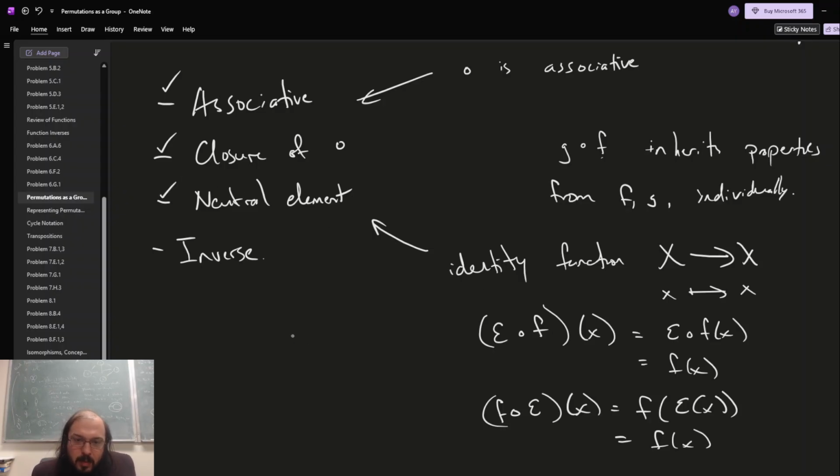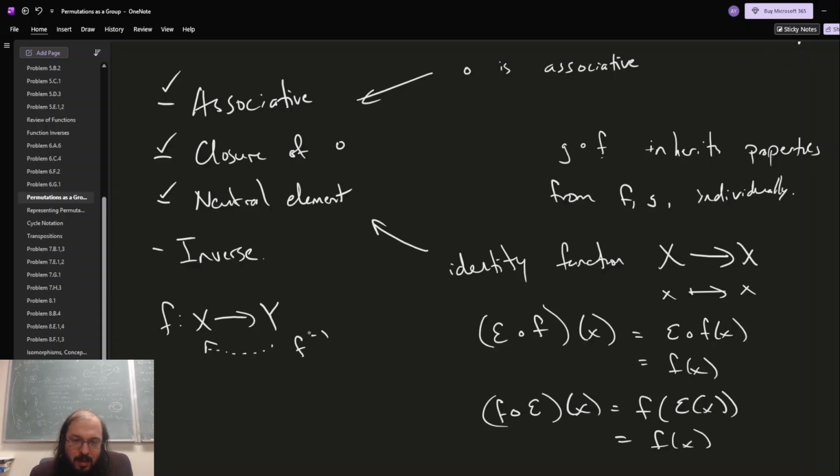So we're happy. The last part is the presence of inverses. And this boils down to a function being a bijection. So we learned that if you have any bijection from x to some other set y, then there is some inverse from y to x.